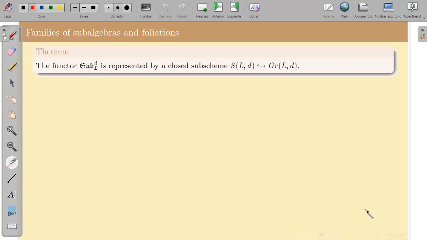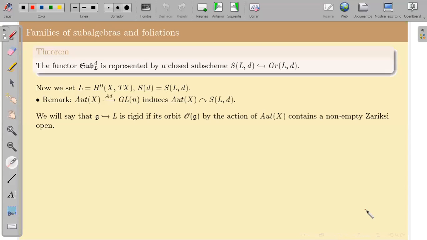Okay, so just as in the case of involutive distributions, this functor is represented by a closed subscheme of the Grassmannian. From now on, we will work only in the case where L is the algebra of global vector fields on X, so we will drop the notation for L. A quick reminder is that the automorphism group of X acts on this moduli space S_D by change of coordinates.